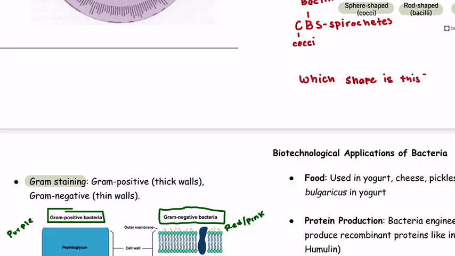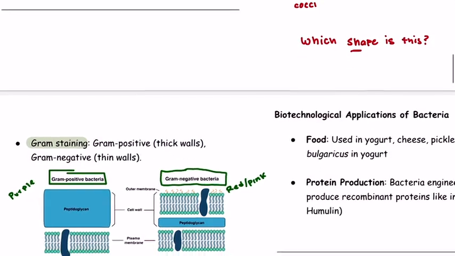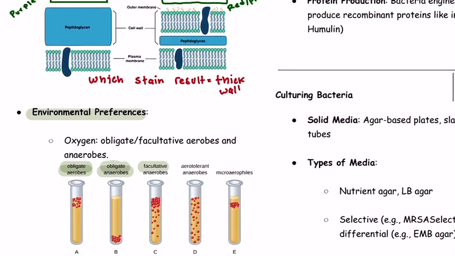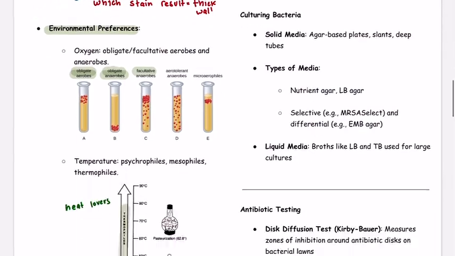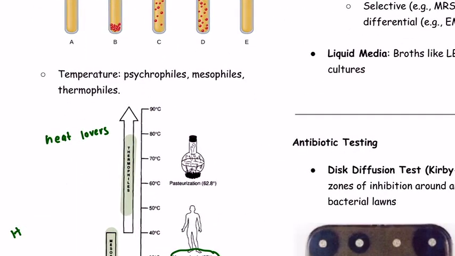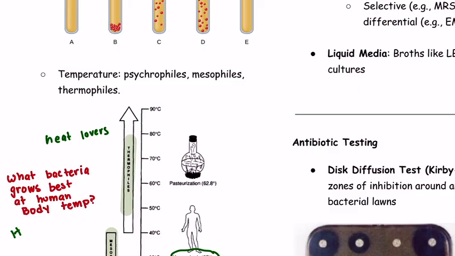Right, and then just think back to CBS. Or it may ask you a question about which bacteria grows best at human body temperature. Right? And that's going to be mesophiles.